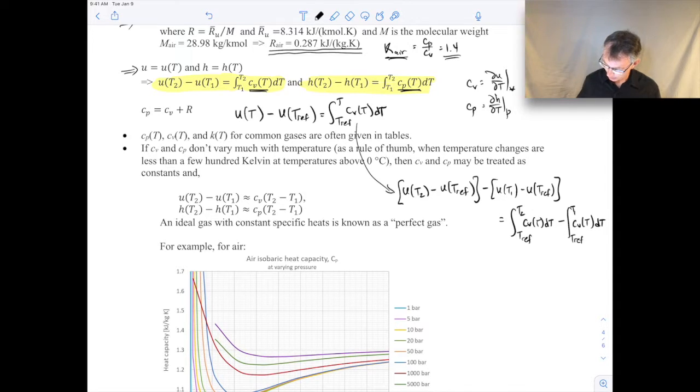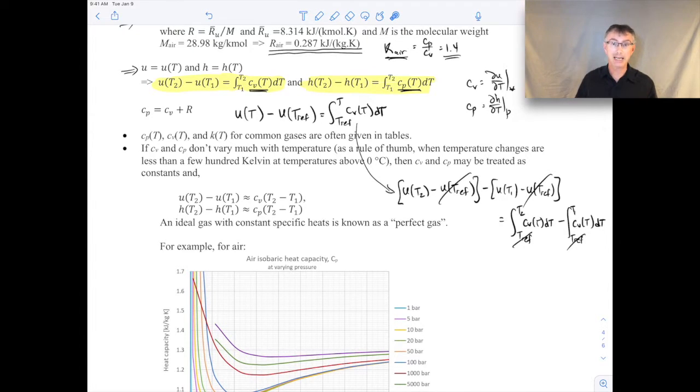What I'm doing is using a reference value for the lower bound on my temperature, and then if I want to find U2 minus U1 here, I can express it this way, and you'll see that these two values cancel out. Similarly, those values would cancel out, and so it would just end up looking exactly the same as what I have written up here. So the choice of reference temperature doesn't matter in these tables because we're always using differences in the specific internal energy, for example. And the same idea holds true for specific enthalpy.